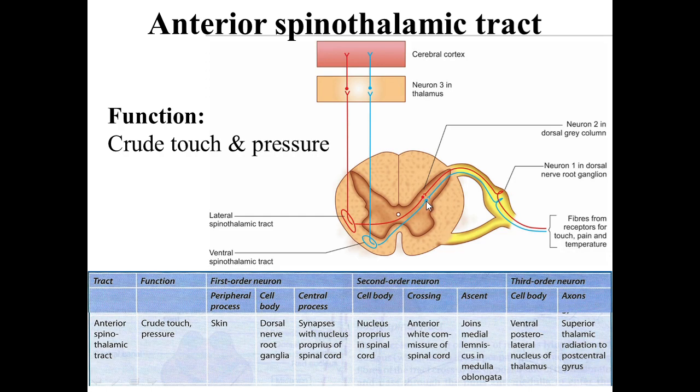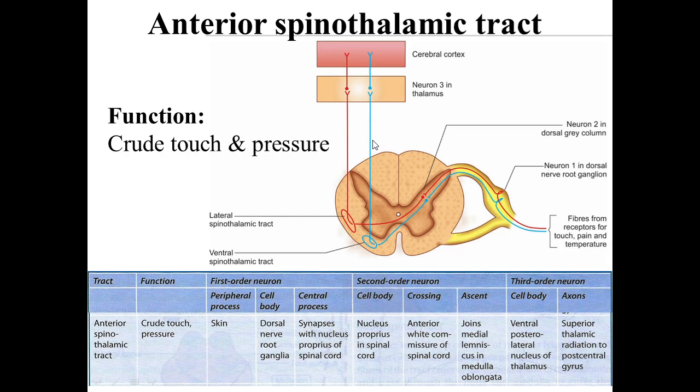Then here the second order sensory neuron arises, and these fibers cross to the opposite side in the anterior white commissure, and they enter into the anterior funiculus on the opposite side, and then these fibers ascend and join with the medial lemniscus in the medulla oblongata.